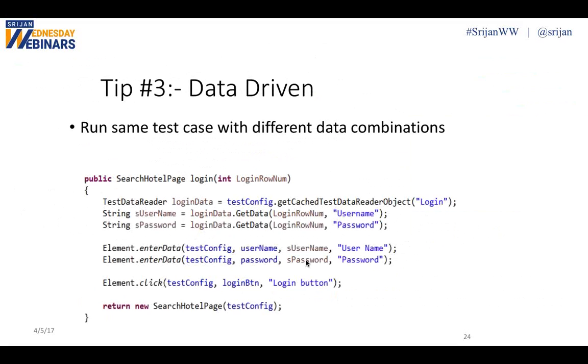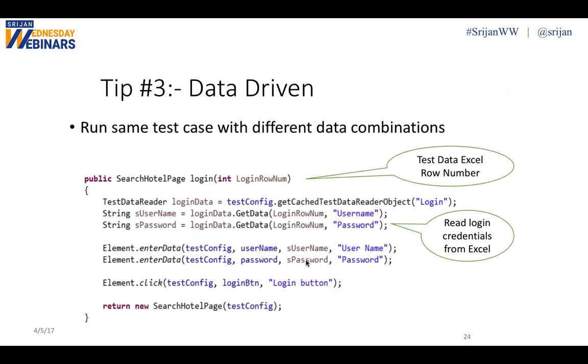For example, consider this particular code where I'm saying, okay, fine, log in to the application, and the data to be used to log into the application is coming from some external Excel sheet, and I'm passing an Excel row number here in the method parameter, login row number, and then using that Excel row number, the username and password are read from the Excel to do the login operation. So that way you will be able to run your same test case with different data combinations without requiring any code change.